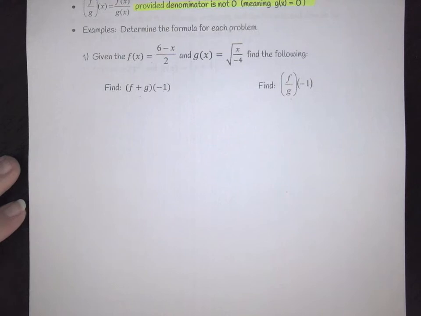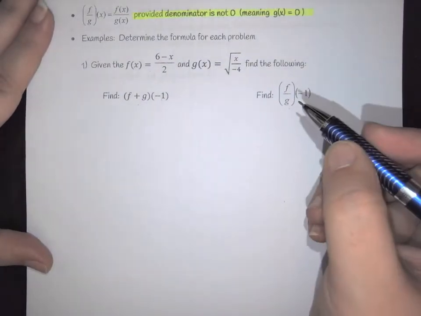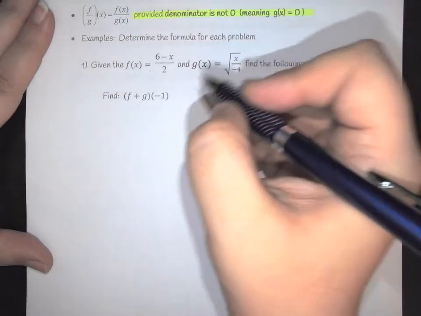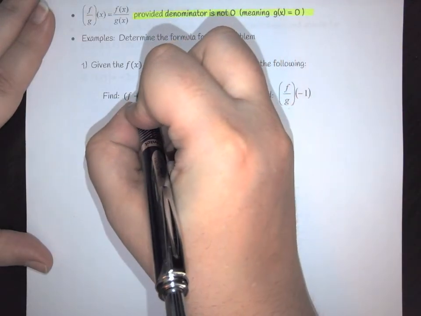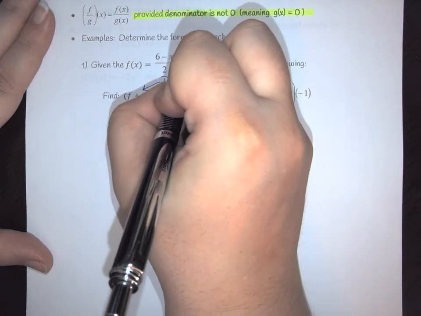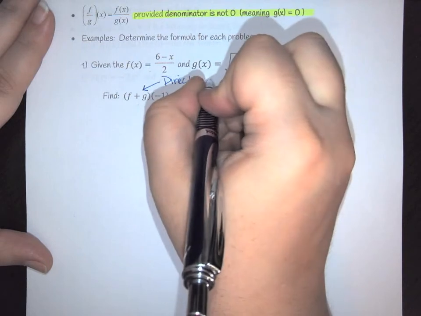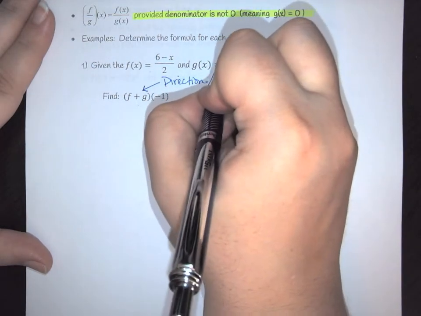So when we look at it, we've got a couple rules here that we're looking at. First is this part here tells you your directions, or what we can call your operations.